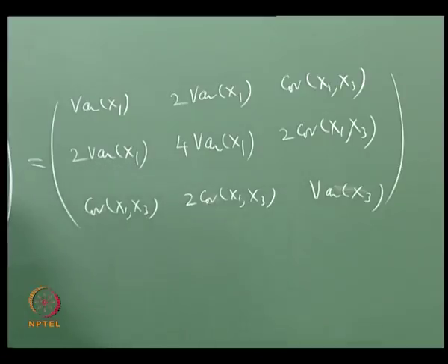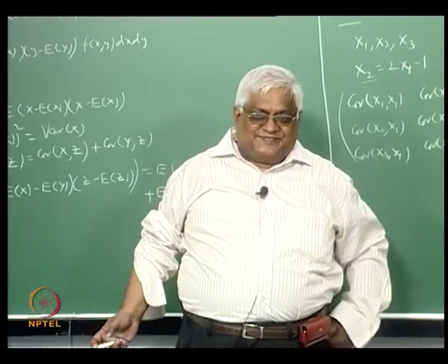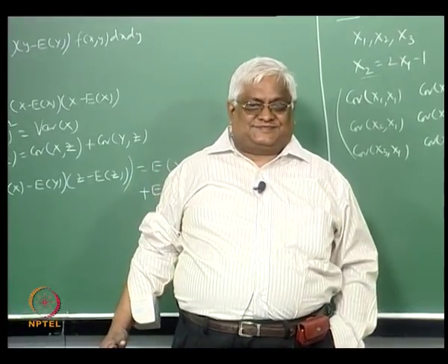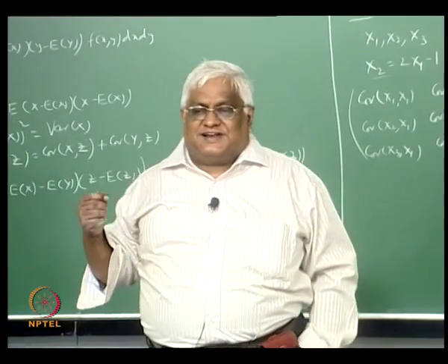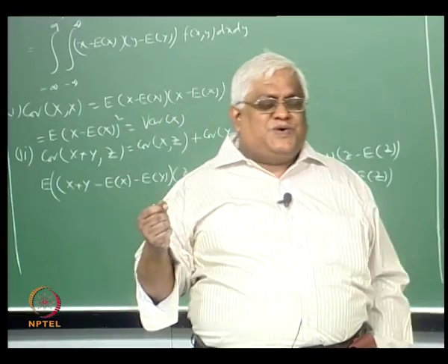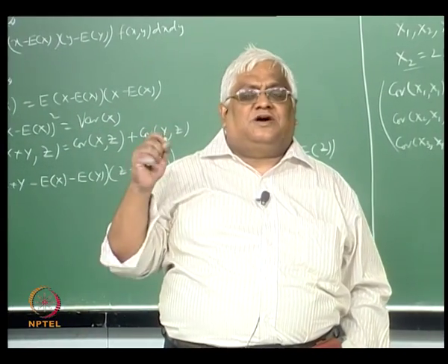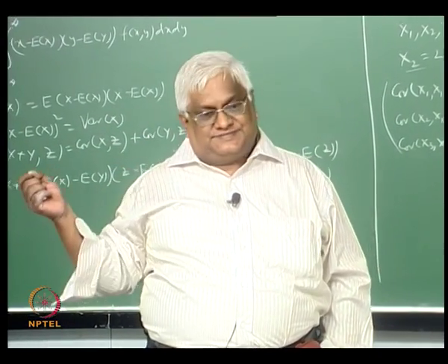It is not really important, I am only interested in the first 2 rows. So, if 2 variables have a linear relationship, it is going to affect the whole of the covariance matrix.